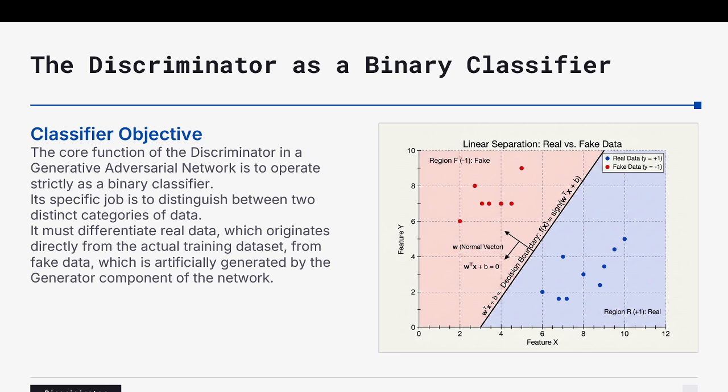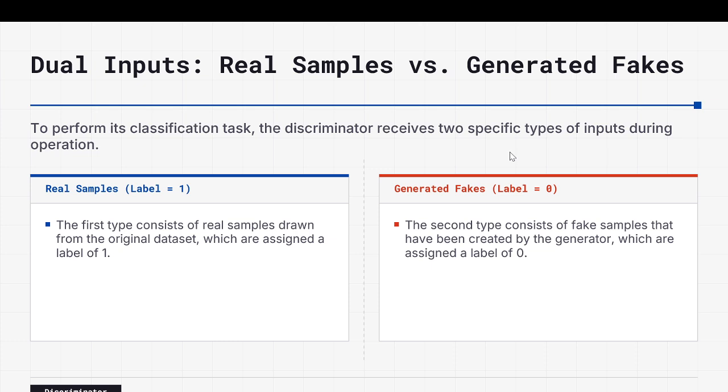In this pictorial representation, this area represents fake data, and this area represents real data. Real data value will fall under class label 1, and fake data will have class value 0. For a discriminator, we need to provide input as any kind of data.